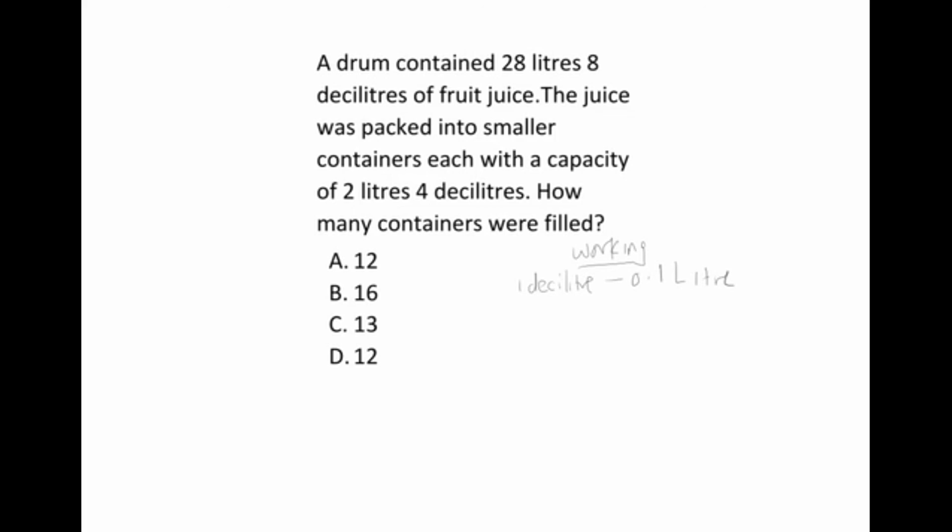So we are going to calculate the number of liters in 8 deciliters. So 8 deciliters will have how many liters? We have 8 times 0.1 over 1. This gives us 0.8 liters.